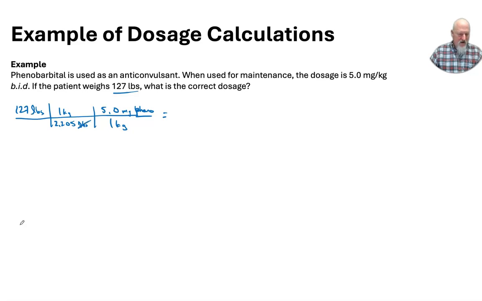The pounds cancel, the kilograms cancel, and we just have milligrams of phenobarbital left. So 127 divided by 2.205 times 5, 287.98 milligrams of pheno.